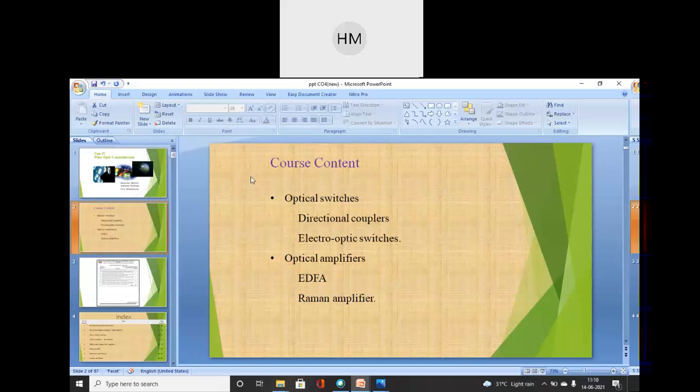Depending upon the application and usage of fiber optic communication, we have to choose the devices which we want to connect. You have seen overall communication systems. Sometimes we require that the message we are transmitting should be N is to 1 or 1 is to N. I have one input and N number of outputs are required.